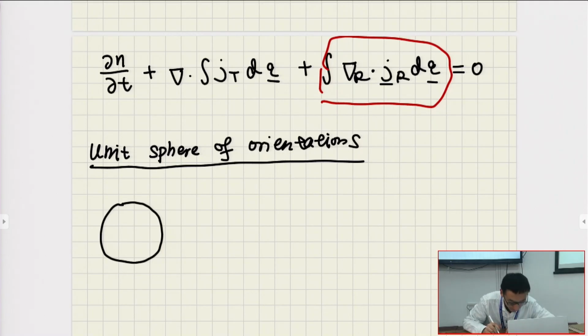Which means for each unit vector q, I can associate a point on the unit sphere. That's exactly a one-to-one match between q and this point, right? So for example, my orientation is this way. Then the point here on the unit sphere represents my orientation. So there's a one-to-one map between that q and the point on the unit sphere. Does that make sense?